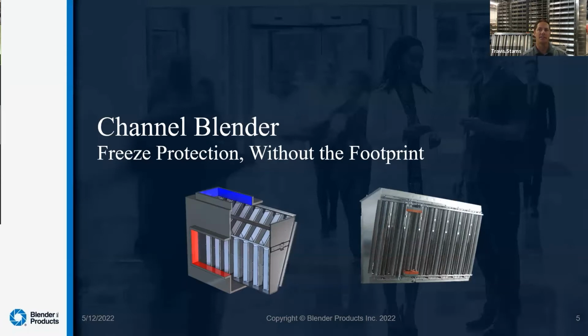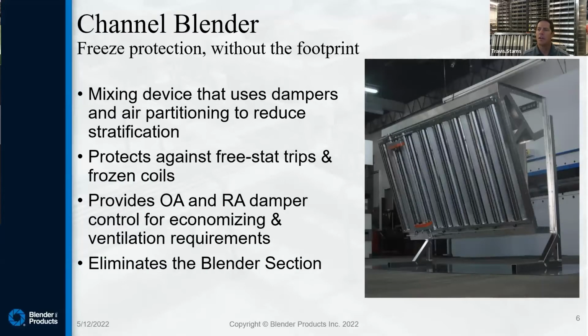We did not release this technology until 2018, after a couple of years of trial and error in our own lab, and then working with some other people in the industry. So this channel blender that came into the market was 2018. We think this is a new means to combat stratification inside air handling units. This product is used in the mixing box.